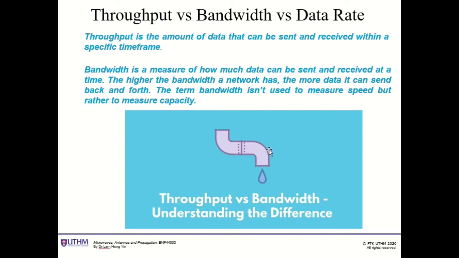If you look at this picture, the bandwidth is basically the pipe here. The larger the pipe, the more data can be sent at one time. So with larger bandwidth, we can have a higher throughput and also a higher data rate.